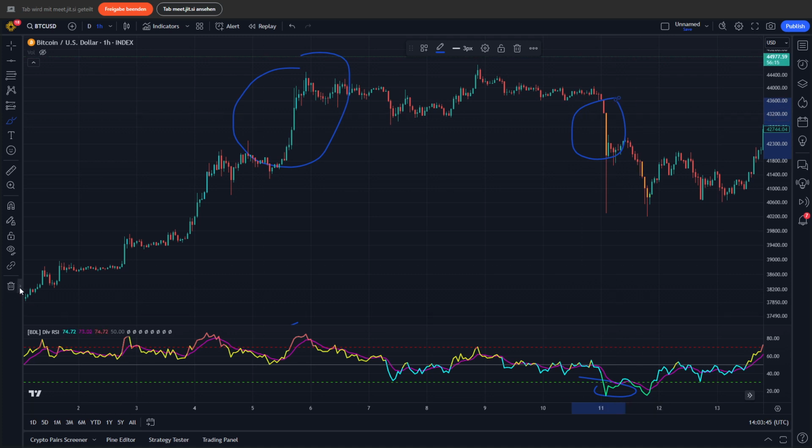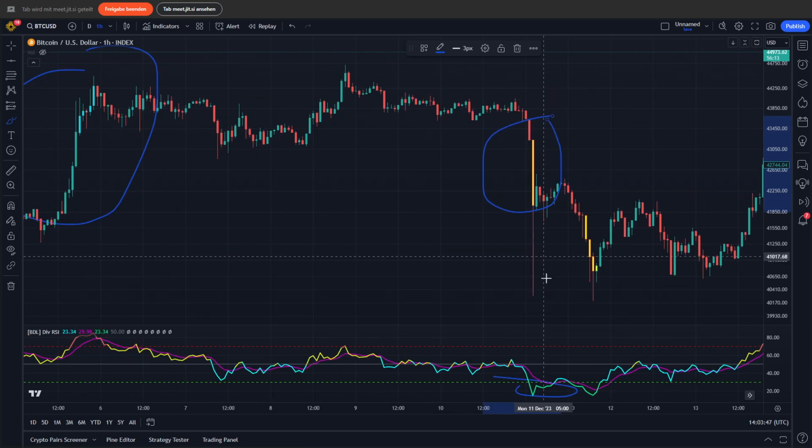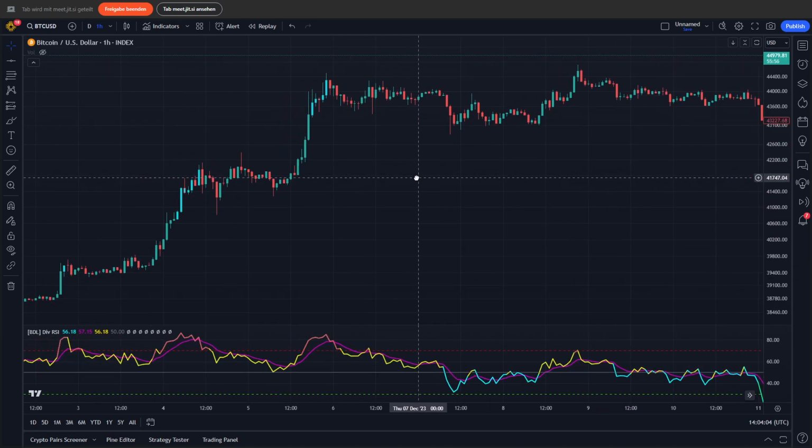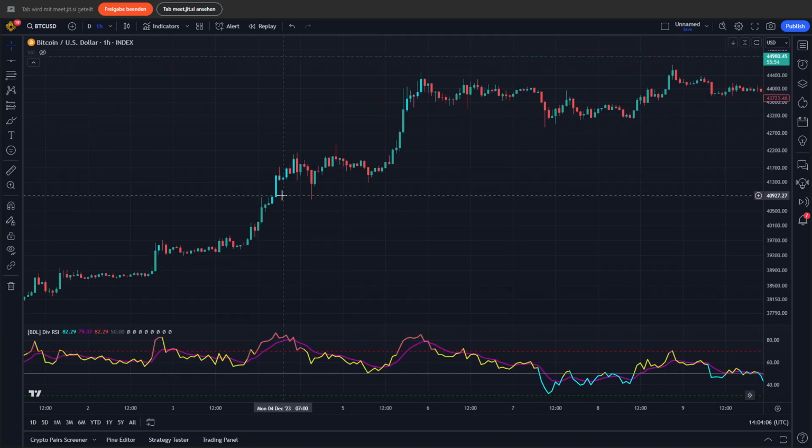You can look at it in two ways. Especially on the higher time frames, that would be a great signal to take profit. And in this case, we're looking at the smaller time frames. What you can do is use those candles to ride that momentum.